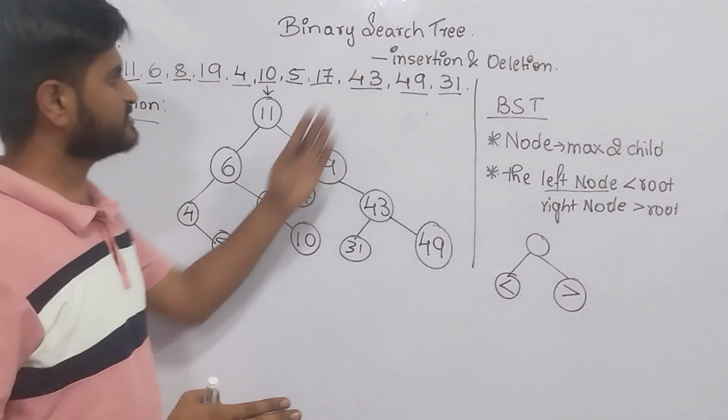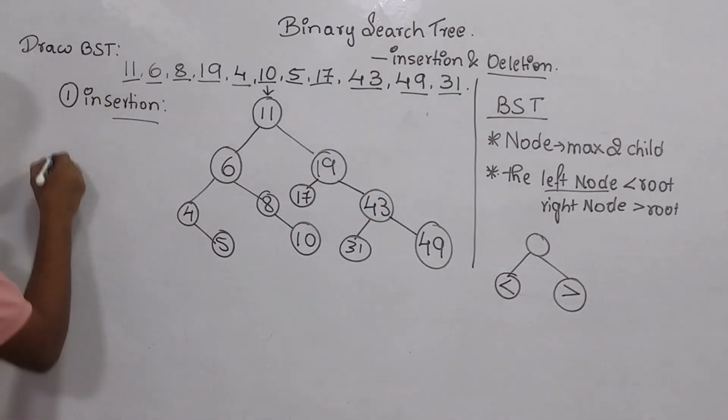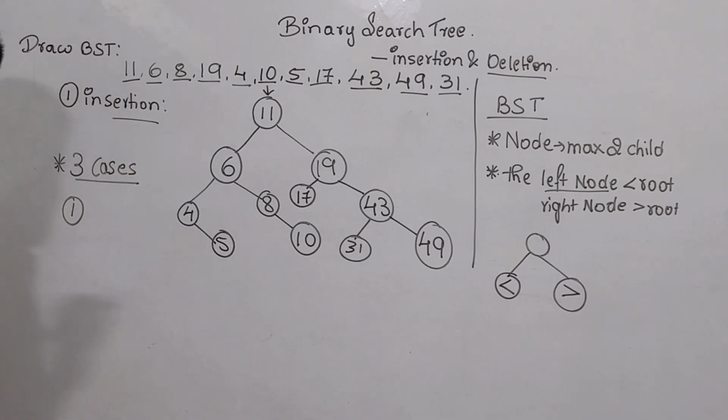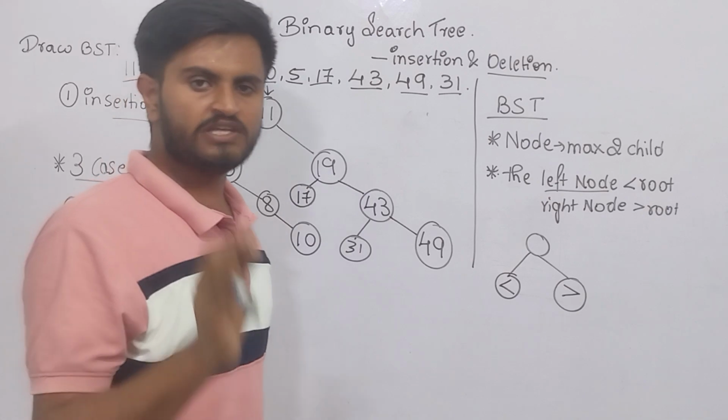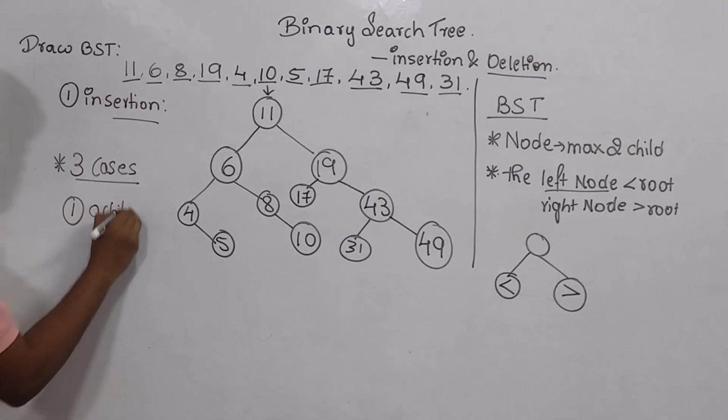Now let's discuss the scenarios of deletion. Deletion has 3 scenarios, or 3 cases. The first one is deleting a node with 0 children.